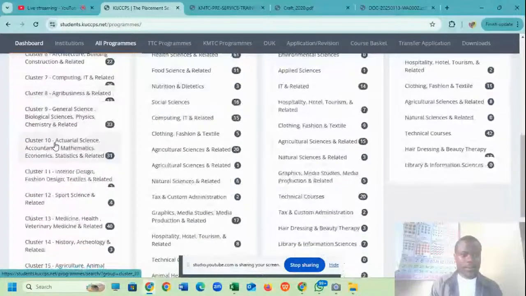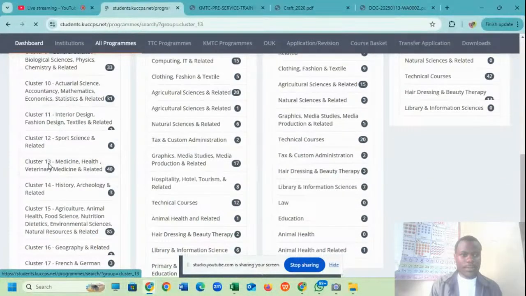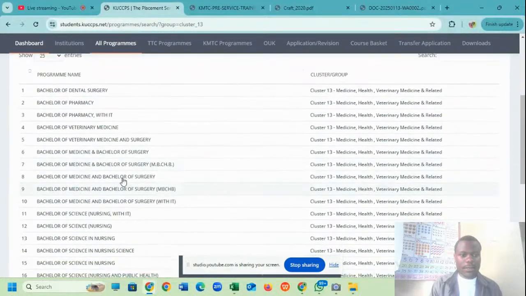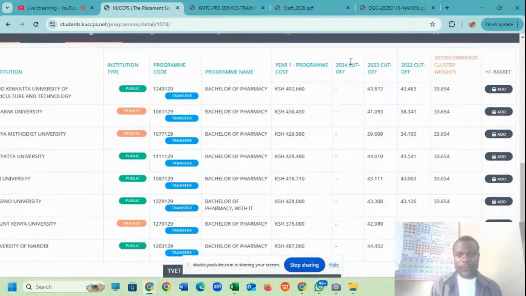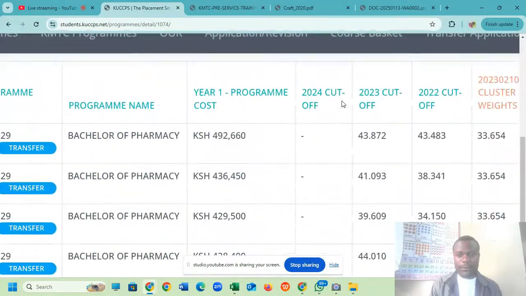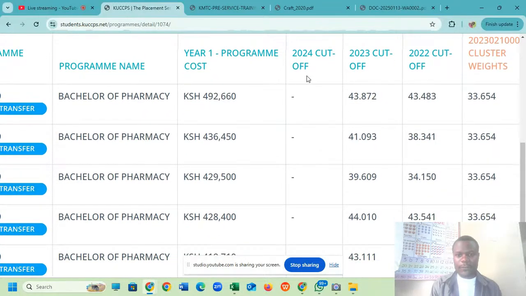Let me go to medicine and related, Bachelor of Pharmacy. So we shall have 2024 cut-off points. When you consider this column, you'll find it's blank.